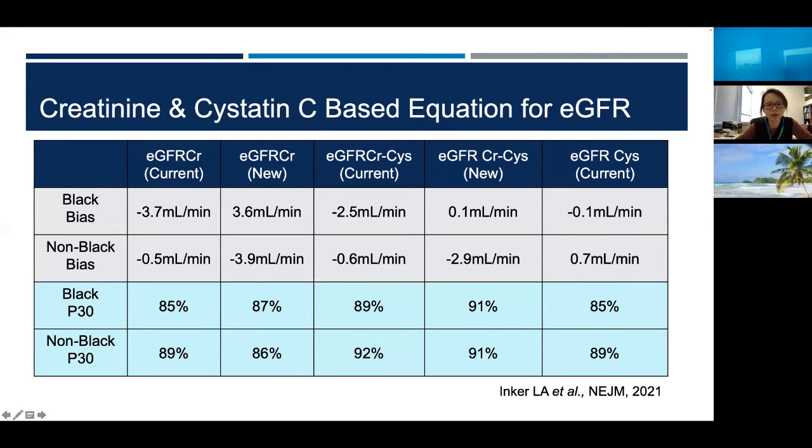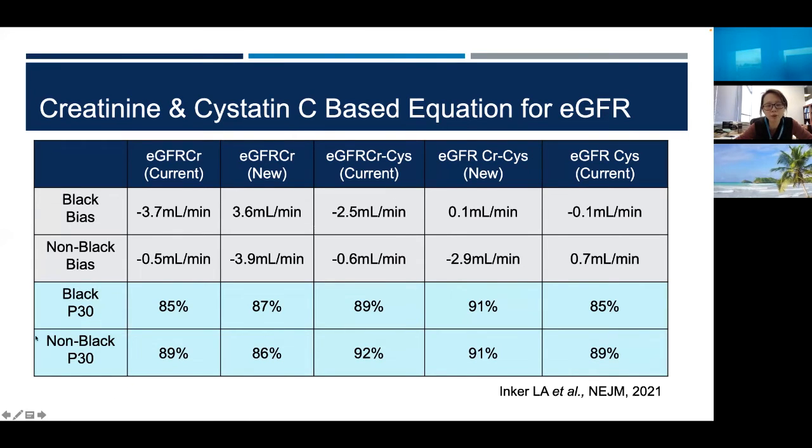And when they use a new eGFR equation using creatinine only, they actually found the opposite: it underestimates GFR in Black patients and overestimates eGFR in non-Black patients. And you can see the bias is really minimal when using eGFR with cystatin only. And the bias is also minimal in Black patients with the new eGFR using creatinine and cystatin in the calculation.